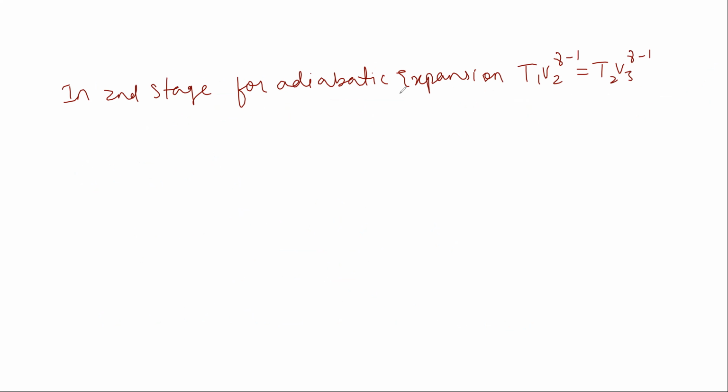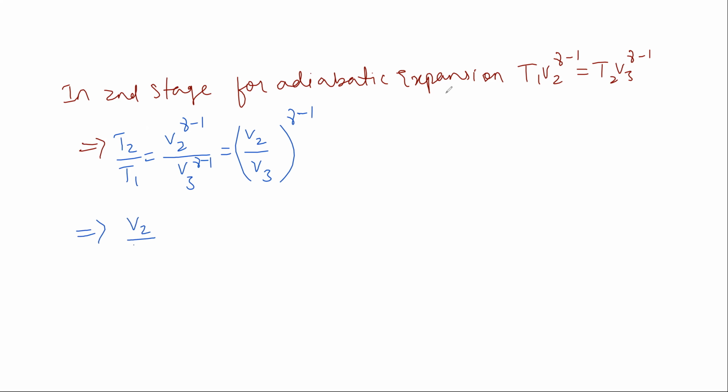So this can be written as T2 by T1 is equal to V2 by V3 whole raised to gamma minus 1. So V2 by V3 is equal to T2 by T1 whole raised to 1 by gamma minus 1. Let us consider this as equation 7.